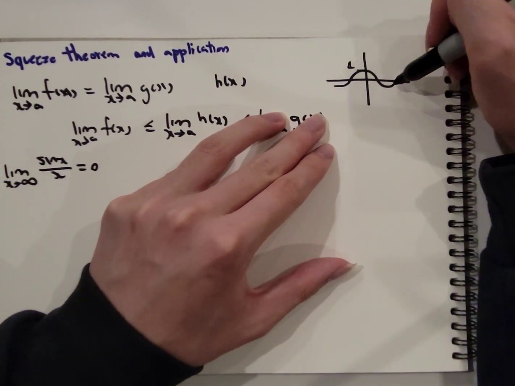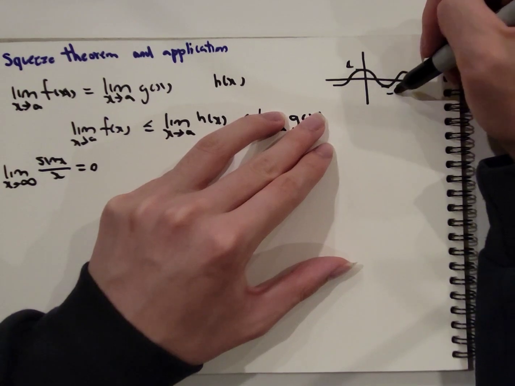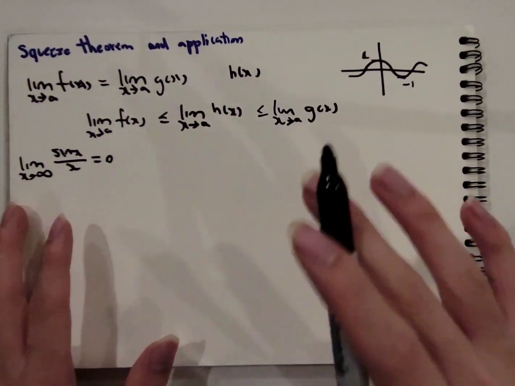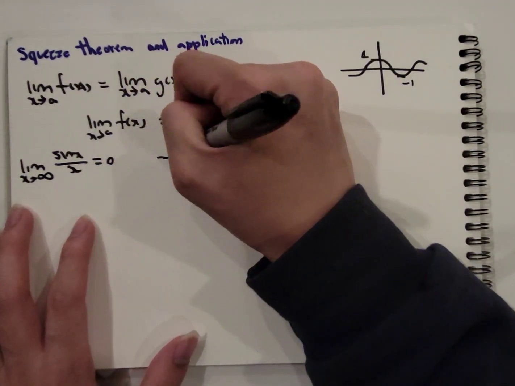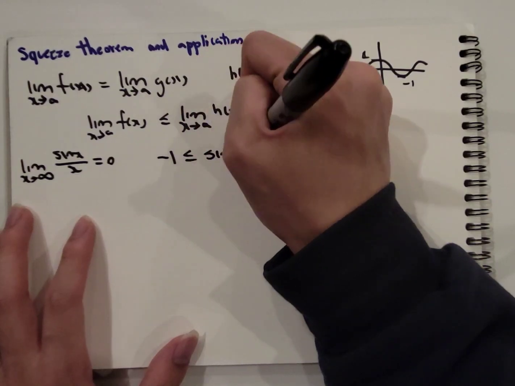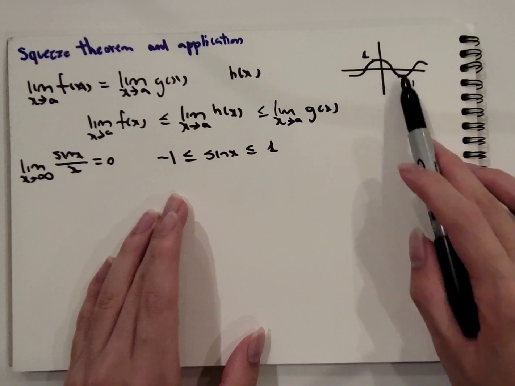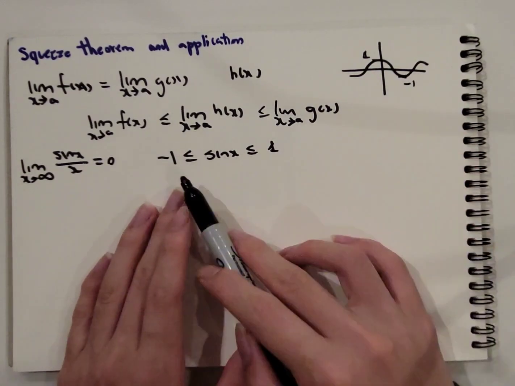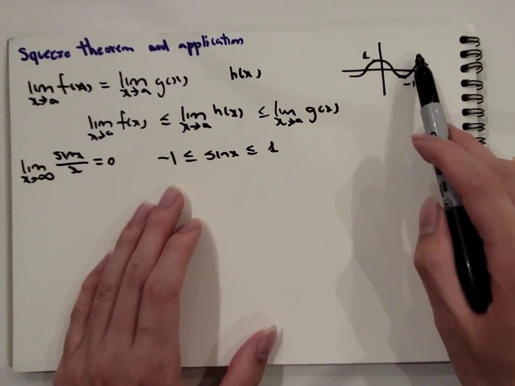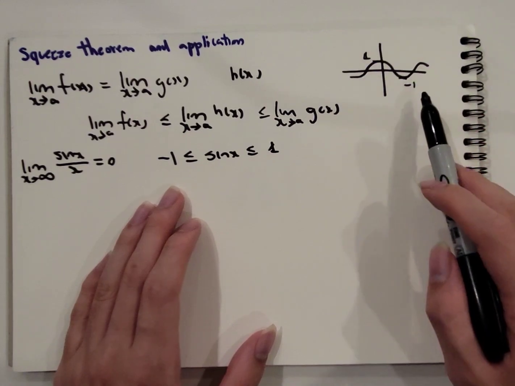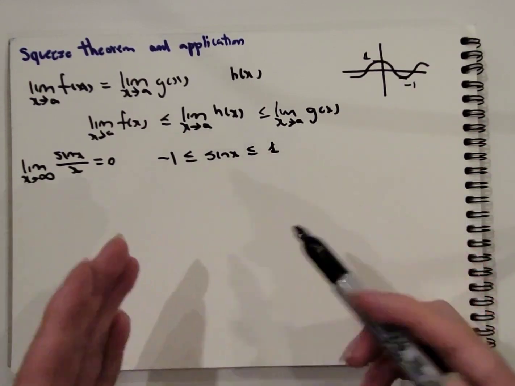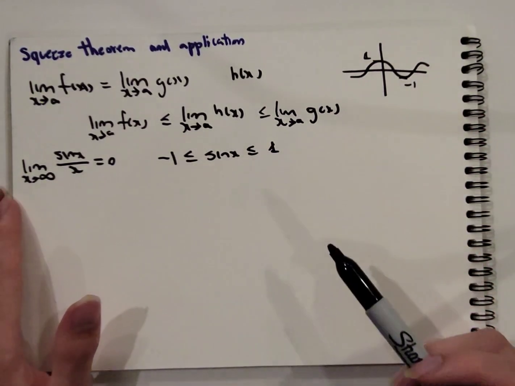Its maximum is always 1, and its minimum is always -1. So let's write that property first: -1 ≤ sine x ≤ 1. The function sine x is always between -1 and 1, because it doesn't go up or down any further than that.